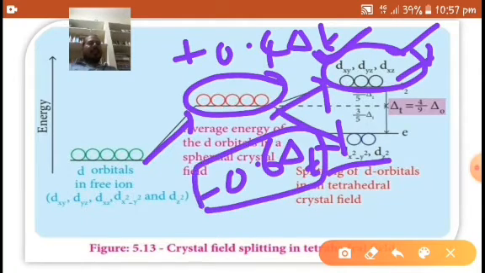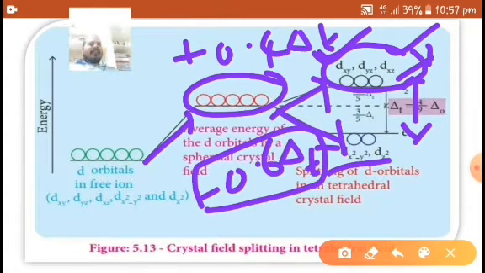The difference between E and T2 is called tetrahedral splitting energy, or crystal field splitting energy in tetrahedral complexes.